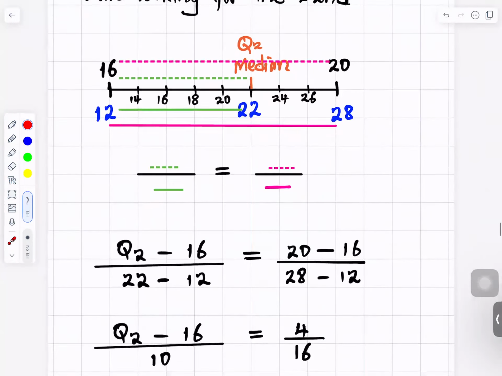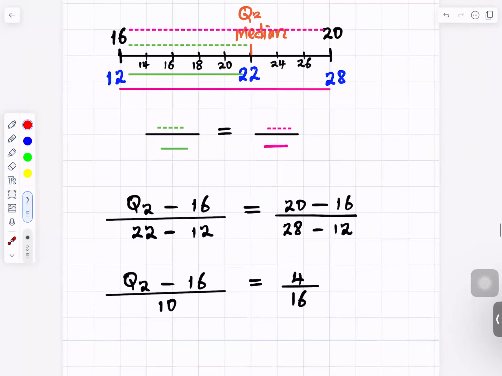Now we can do some algebra. 20 minus 16 is 4. 28 minus 12 is 16, and 22 minus 12 is 10. Now we cross multiply.